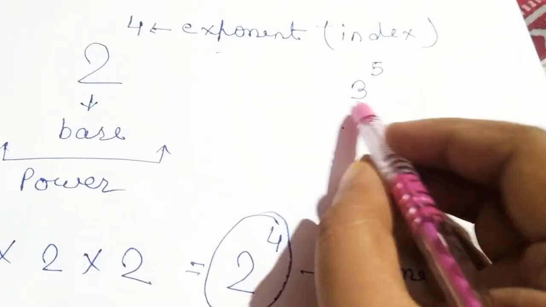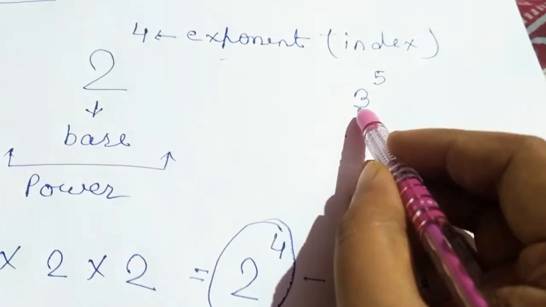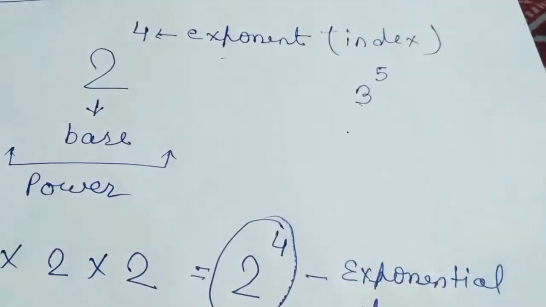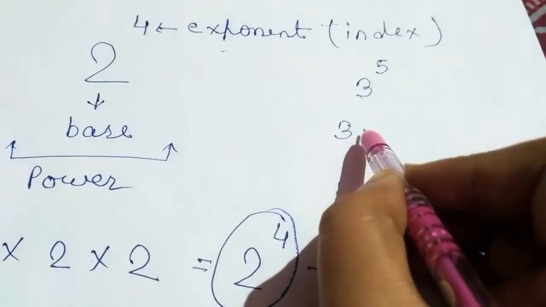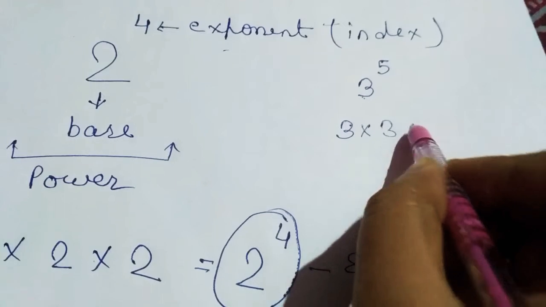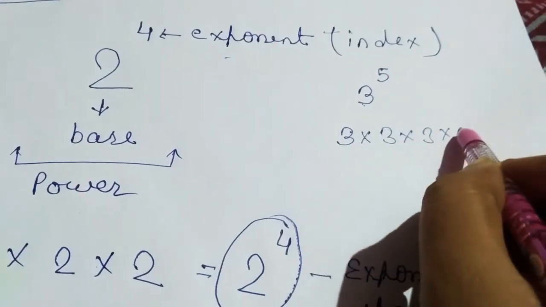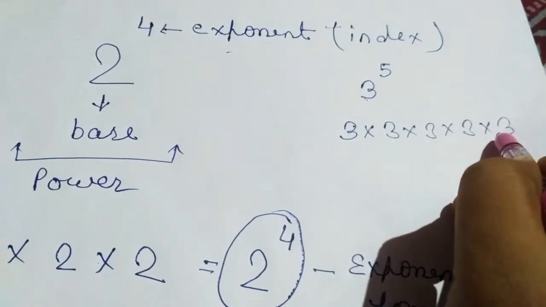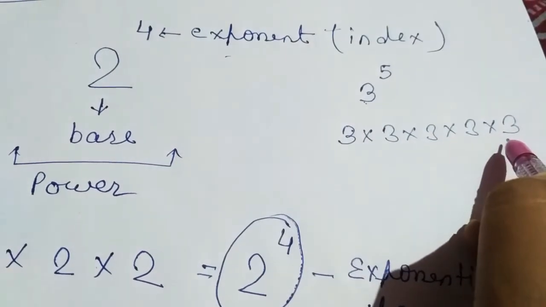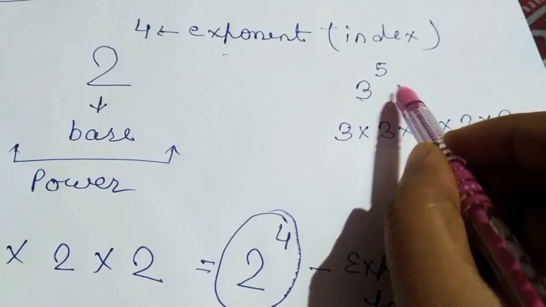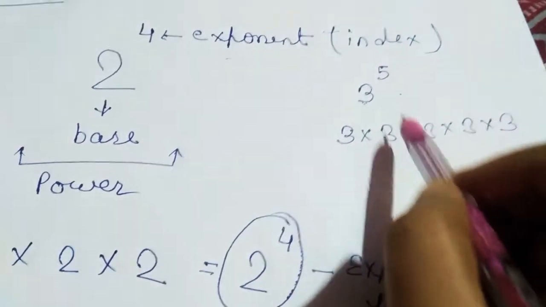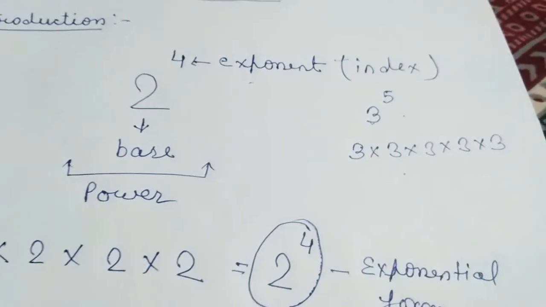This base, that means this number, has to repeat. 3, how many times? 5 times. That means 3 into 3 into 3 into 3 into 3. This is expanded form. This is exponential form, this is expanded form.